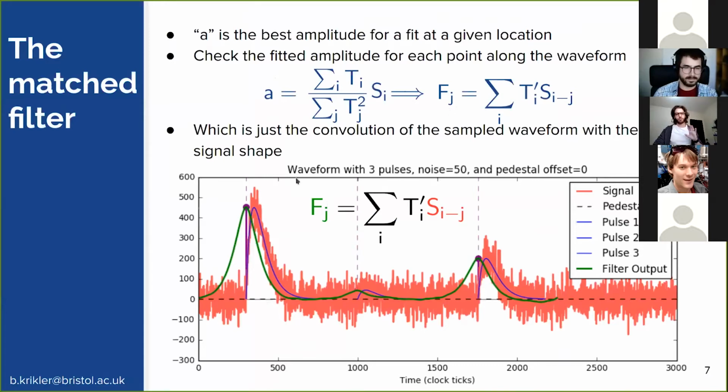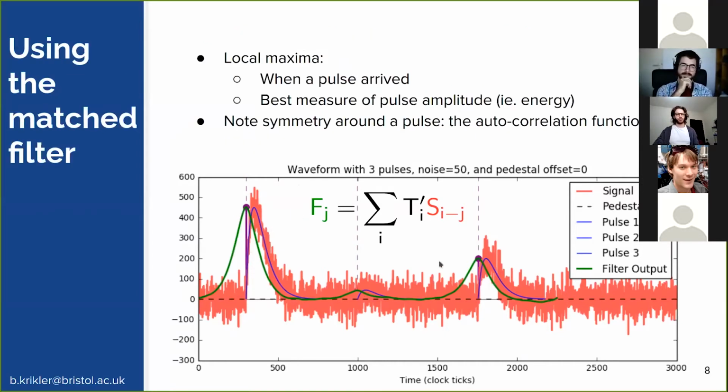And this is a beautiful idea. It's a very simple idea from the heart of signal processing. It's called a matched filter. You can see that you get this green line where there's very little noise. You can just read off the local maxima, and just by looking for these local maxima, you can say exactly when a pulse arrived and what its corresponding energy was.